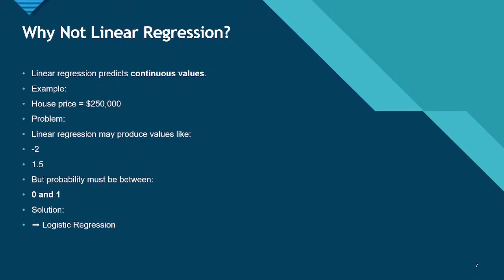Because of this property, logistic regression is perfect for classification tasks. The key idea is that logistic regression ensures the output is between 0 and 1, and it achieves that using the sigmoid function.